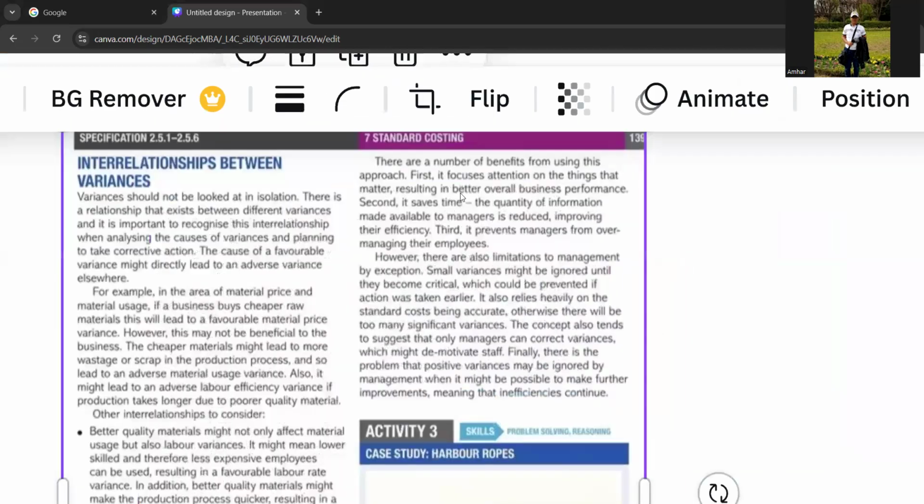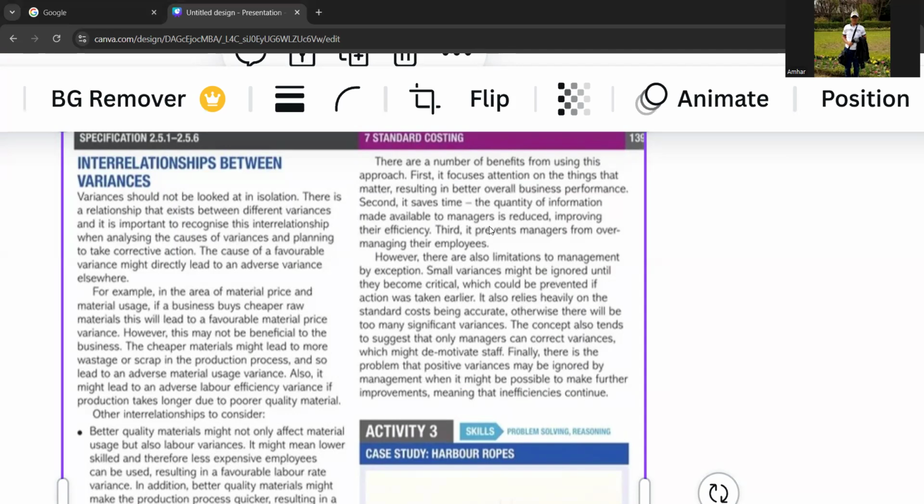Okay, there are a number of benefits from using this approach. So, using management by exception, there are a number of benefits. First, it focuses attention on the things that matter, resulting in better overall business performance. So as a result, the overall business performance will be better.